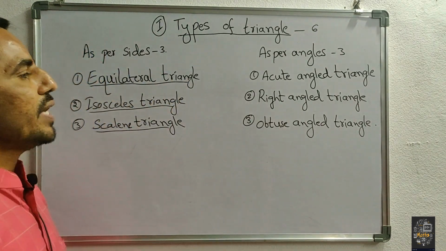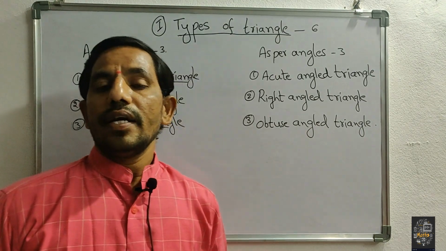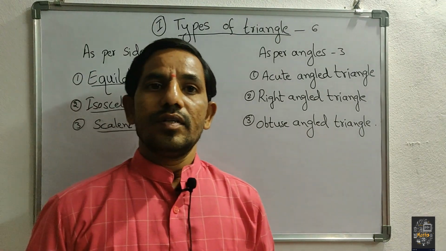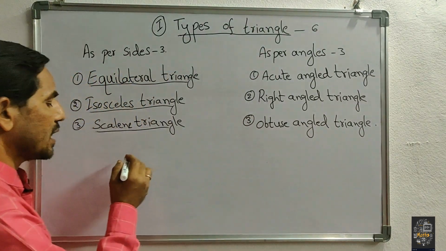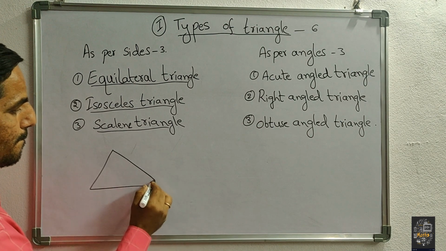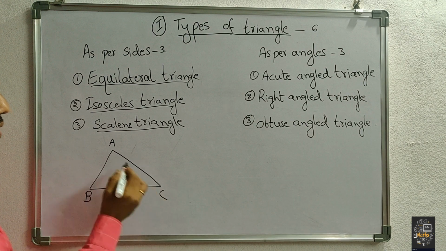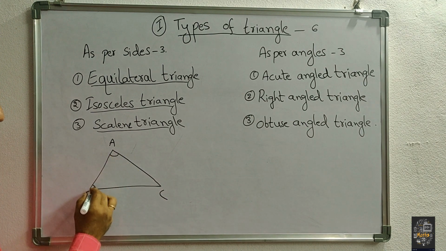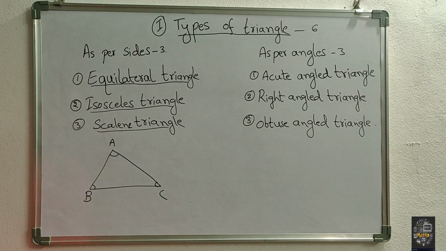First one, acute angled triangle, means a triangle in which every angle is less than 90. For example, draw the diagram. So A, B, C. Angle A, angle B and angle C. Sum of three angles is 180.